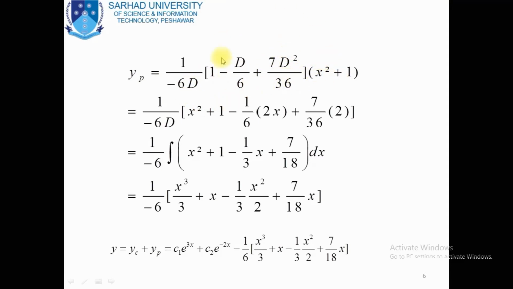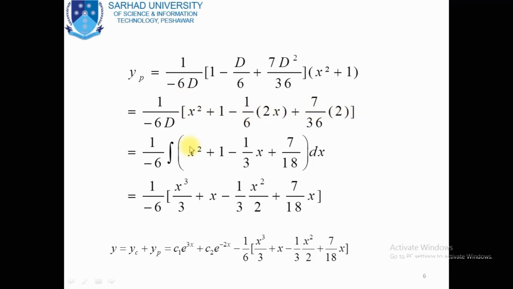Multiplied with 1 we get x square plus 1, and D gives the derivative 2x, with the derivative of 1 being 0. So minus 1 over 6 into 2x, where 2x is the first derivative. The second derivative will be 2, so 7 by 36 into 2.